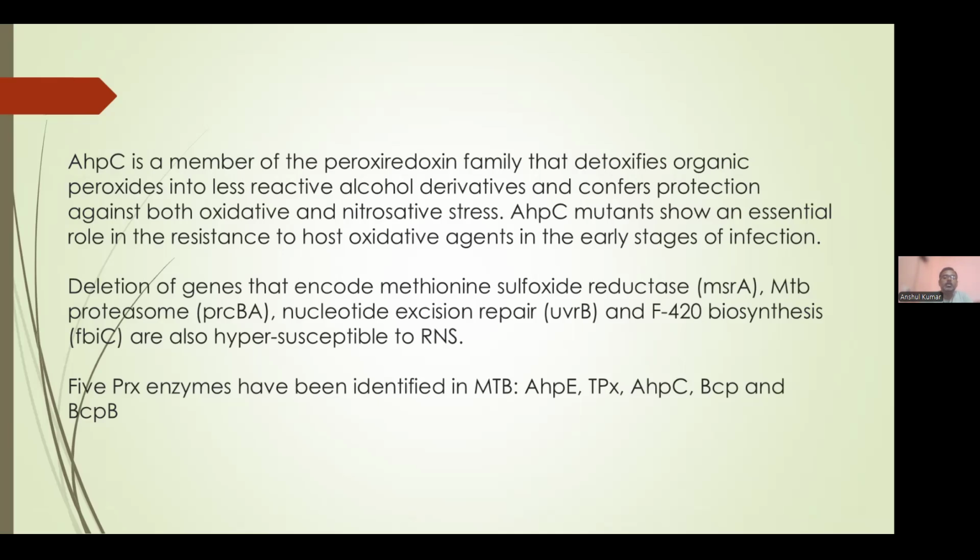Deletion of genes that encode methionine sulfoxide reductase, MSRA, MTB proteasome, PCRBA, nucleotide excision repair, UVRB, and F420 biosynthesis, FBIC, are also hypersusceptible to RNS. Five PRX enzymes have been identified in MTB, that is AHPE, TPX, AHPC, BCP, and BCPB.